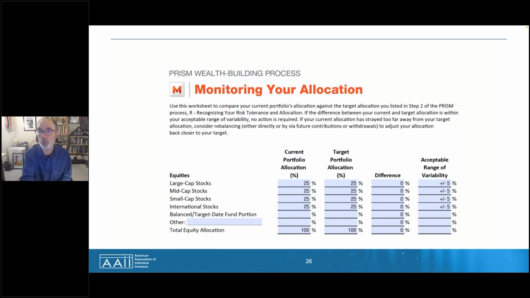But again, you need to consider the size of those withdrawals relative to the size of your portfolio. You may have to actually sell some of the overweighted assets and take those proceeds and allocate them into the asset that's underweighted.